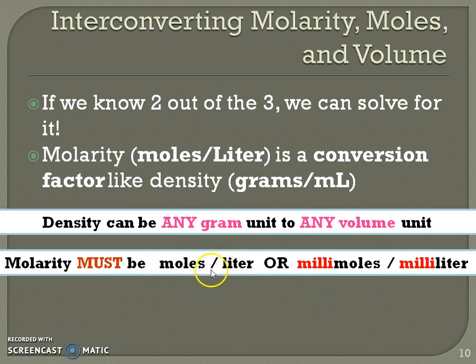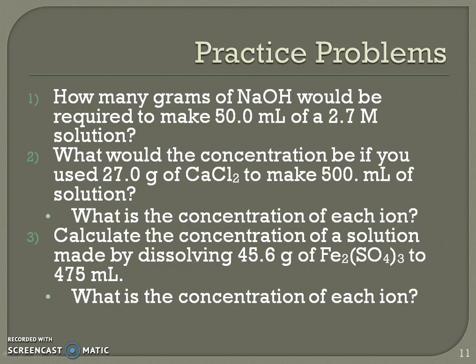So moles per liter is what you're used to seeing. However, for some reason, if they do millimoles, then it must be per milliliter. So hopefully that makes sense to you. So again, density can be any gram and any volume unit together, where the molarity, though, must be the same kind of ratio. So let's do some practice problems.